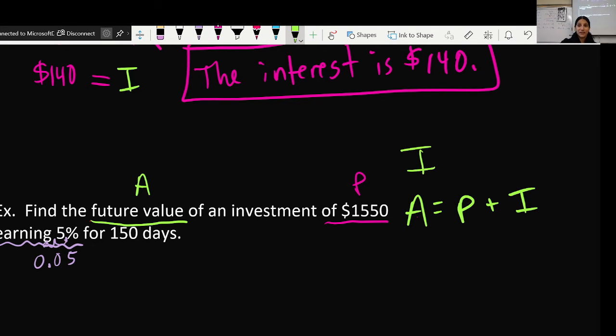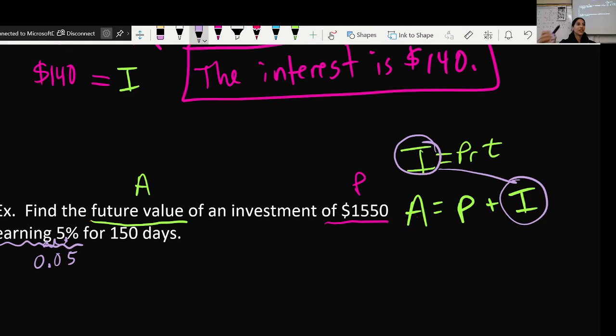No, but we have another formula, I equals, what is it again? PRT. And notice this. Oh, things are about to get crazy here. Do you see that this is like the same thing as this? Like I is equal to all of that stuff. So we can split this into steps to help make sense of this, but I just wanted to show you that this 0.05 would be which variable out of these two equations?